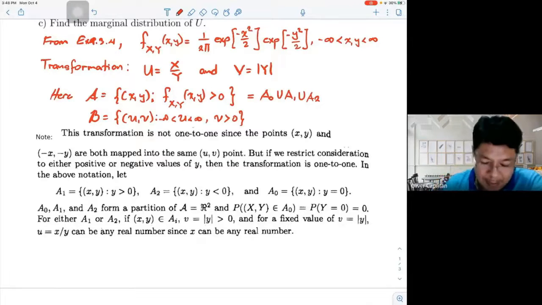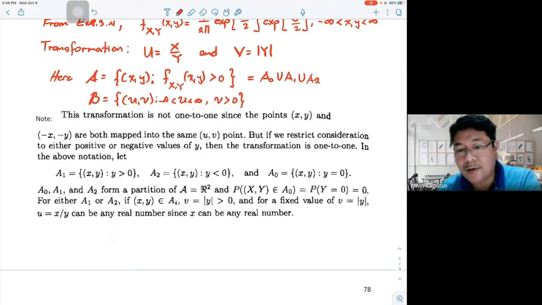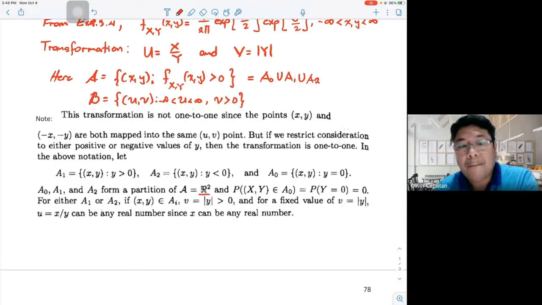We let A sub 1 be the set of all ordered pairs x, y such that y is positive, A sub 2 the set of all ordered pairs x, y such that y is negative, and A sub 0 the set of all ordered pairs x, y such that y is equal to 0. So A sub 0, A sub 1, and A sub 2 form a partition for script A. This covers all x and y from negative infinity to positive infinity, therefore script A is just equal to R squared.